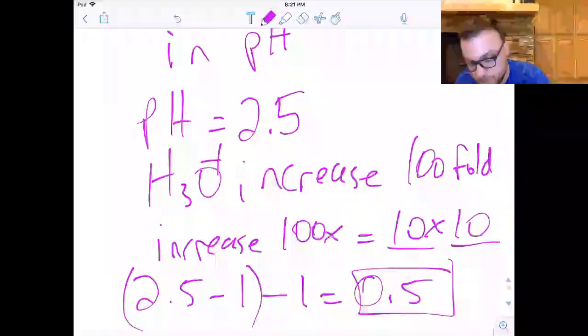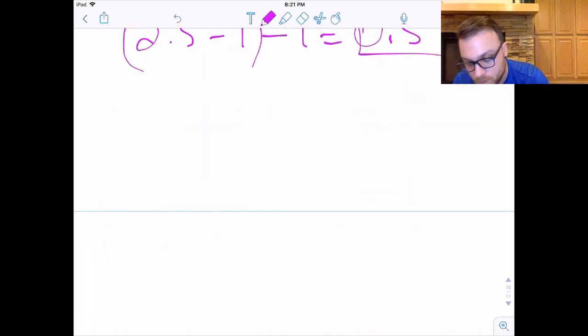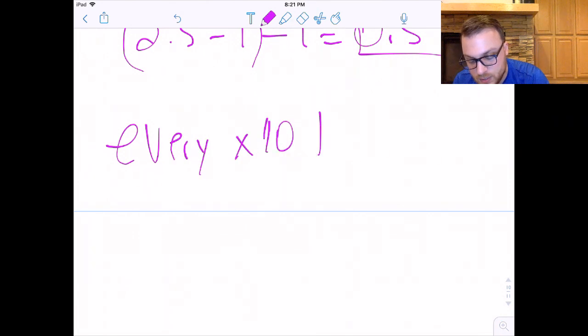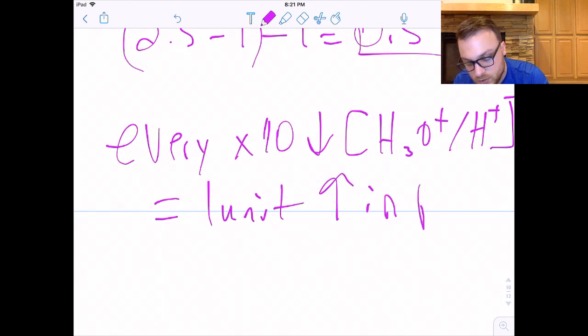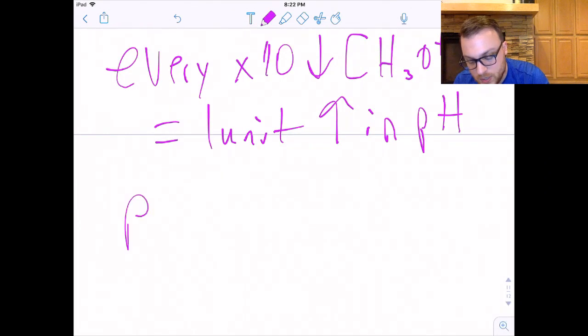Every times 10 decrease in H3O plus / H plus equals a 1 unit increase in pH. So, let's say the pH changes from 3 to 6.